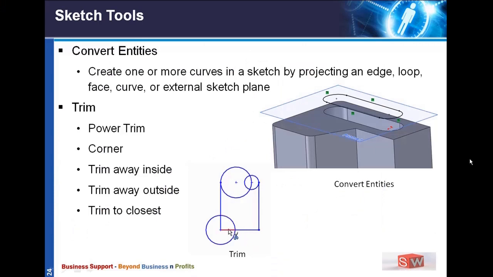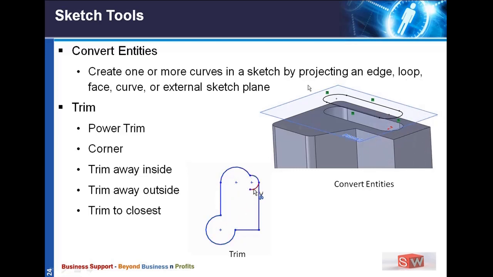Sketch tools continue. First command is convert entities. Convert entities is used to convert the existing reference edges into a reference entity. You can see in this image, I want to use the existing edge of this bottom feature on this plane.